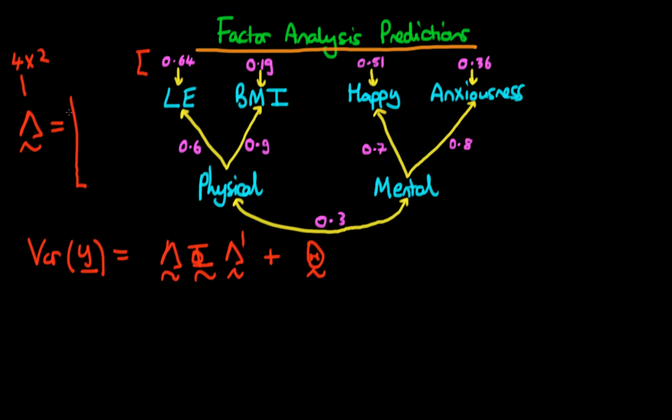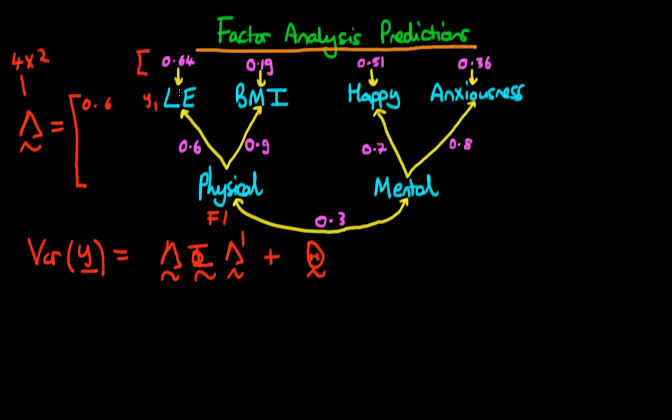So if we were to write it down, the first row would be representing this first indicator, life expectancy here. So first of all, if we think about this as being the first indicator and this being the first factor, so perhaps write this one as F1 and this one as Y1, then the first element is just going to be how much that first factor loads on the first indicator. So that's just going to be 0.6.